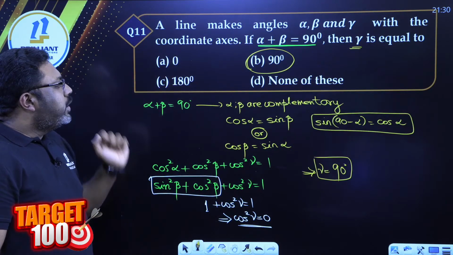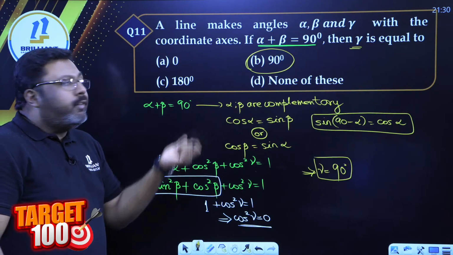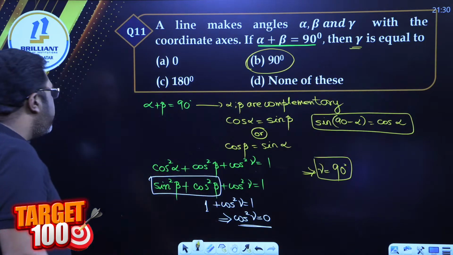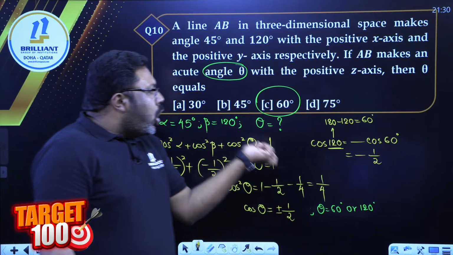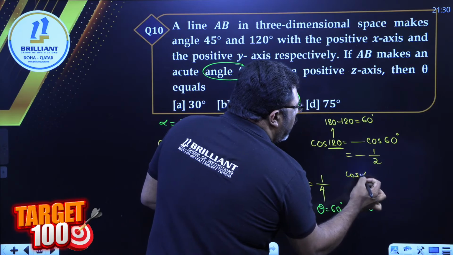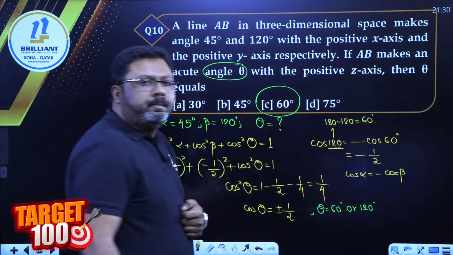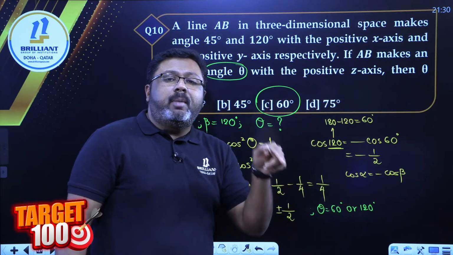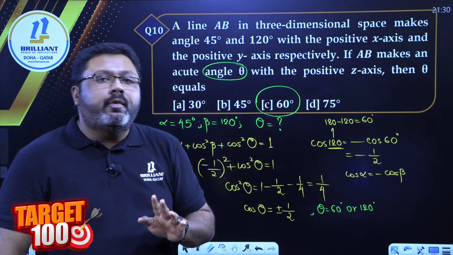Now what's the angle once again? 90 degrees. So what is the concept I gave you, if they talk with respect to complementary angles? In the previous question, I think we did the supplementary form. Supplementary means cos alpha is minus cos beta, because supplementary takes it to the second quadrant where the sign of cos is negative.